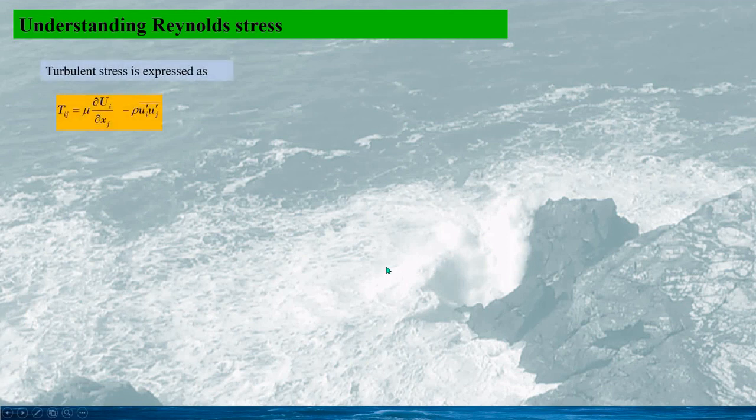In this slide, a discussion would be made for the Reynolds stress. Given the turbulent stress expression as this, this term represents the fluid viscous stress, and this is the Reynolds stress.